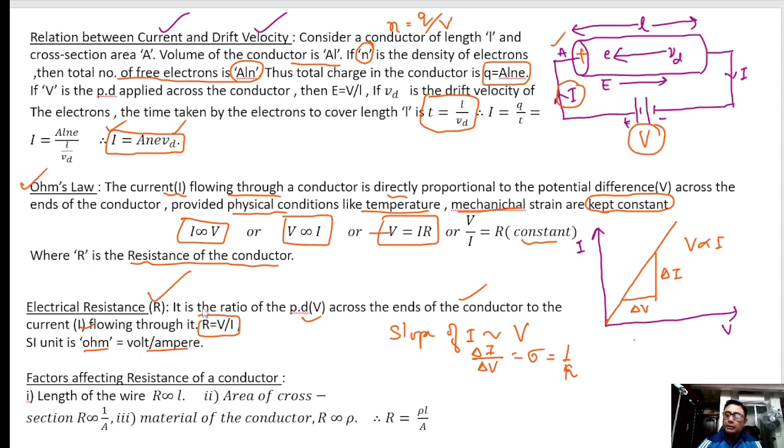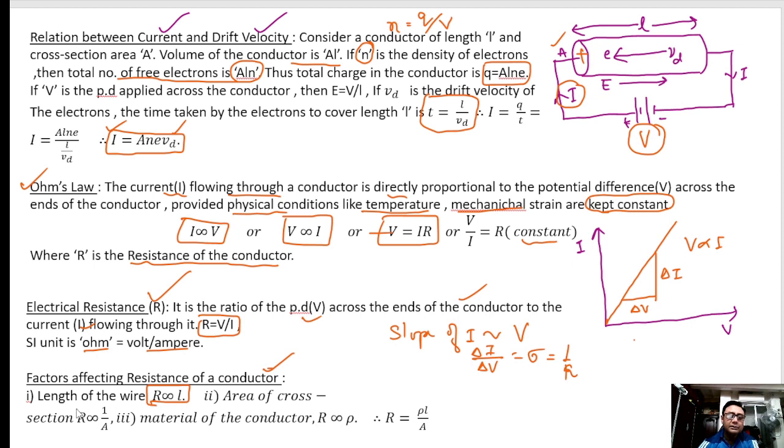Now, factors affecting the resistance of a conductor. The resistance of a conductor will depend upon what? It is directly proportional to the length of the conductor. That means a conductor with more length will have more resistance, and less length will have less resistance.